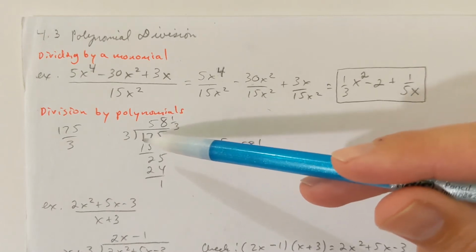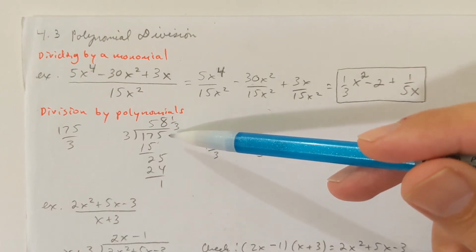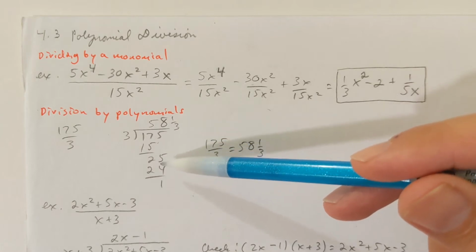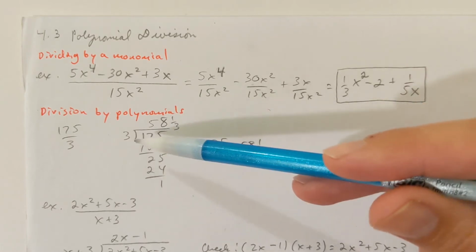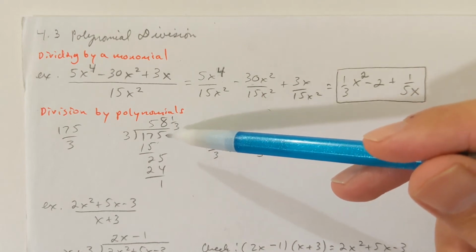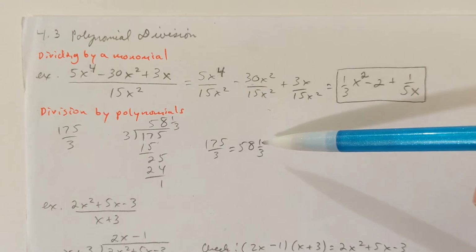And bring down the 5. Now look at how many times 3 goes into 25. Well, 3 goes into 25 8 times. I've got 1 left over. 1 divided by 3 is 1/3. So 175 divided by 3 is 58 1/3.